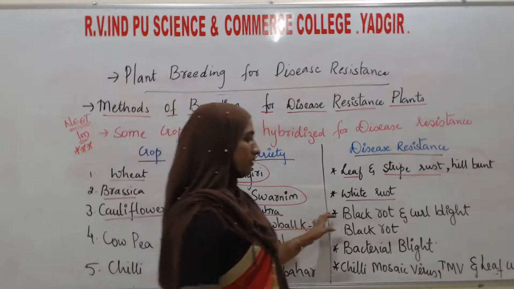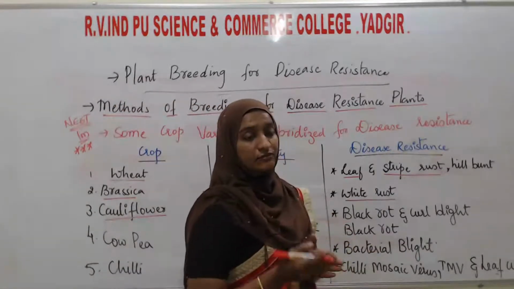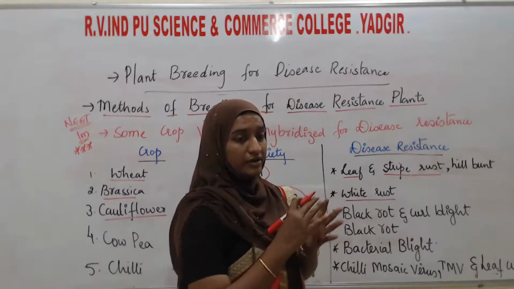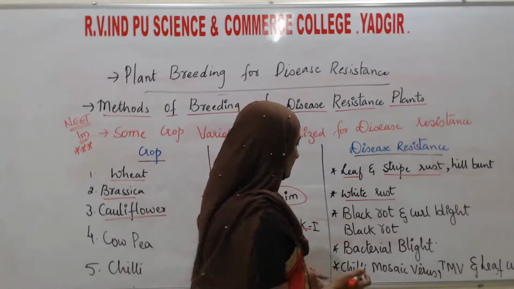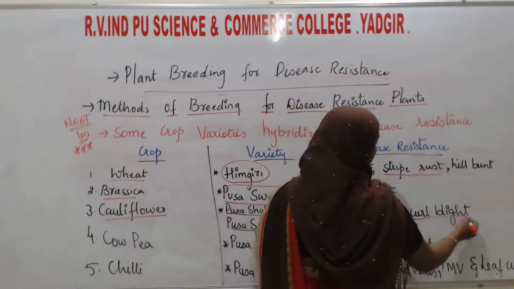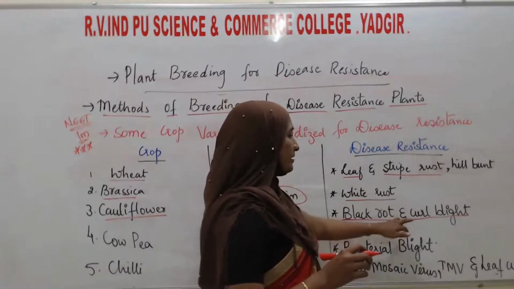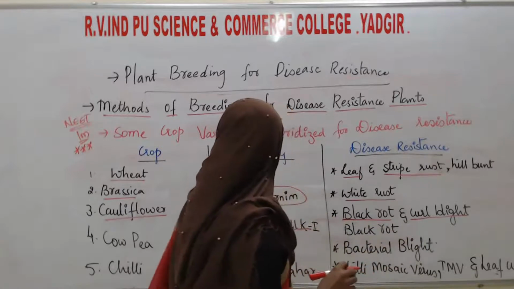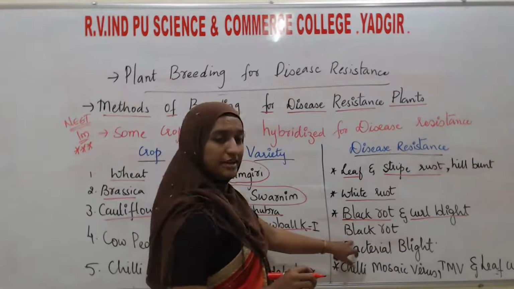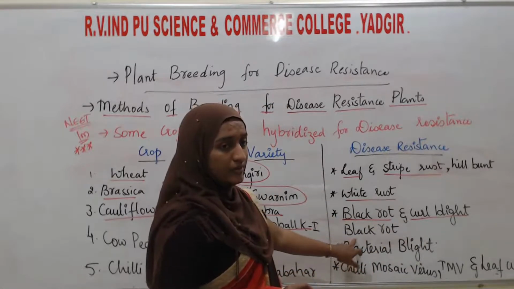And which disease can you see in that particular cauliflower? That is the black rot and curl bleed. I told you black colored spots you can see, and curl bleed. Then Pusa Snowball also is meant for or improved or bred for what?